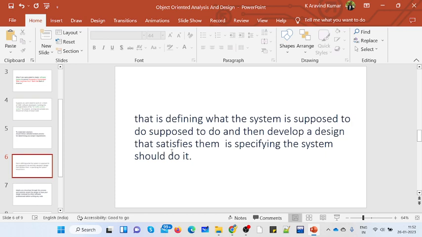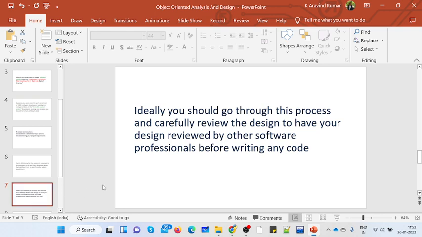That is what object-oriented analysis and design is about.